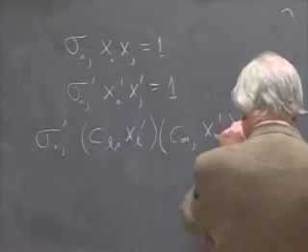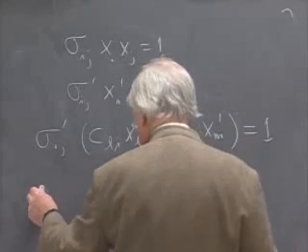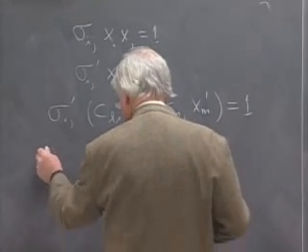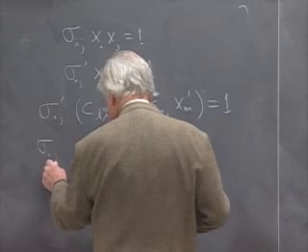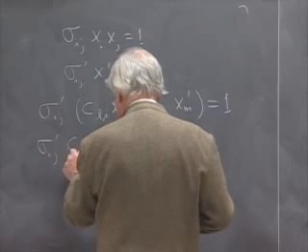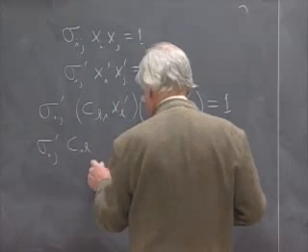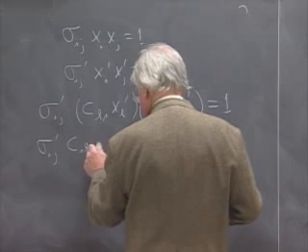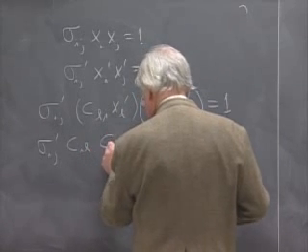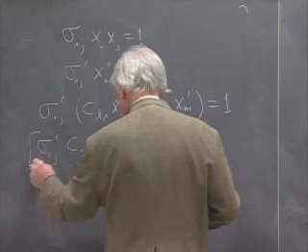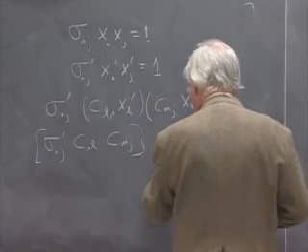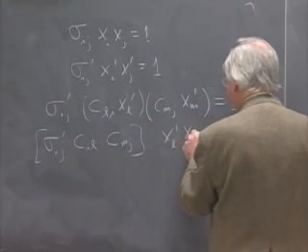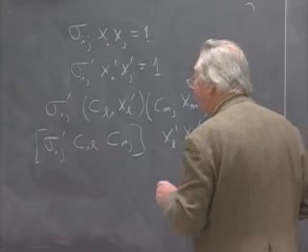If I next just rearrange these terms in a trivial fashion, then I will have c sigma ij c i l, c m j times x l prime x m prime equals 1.